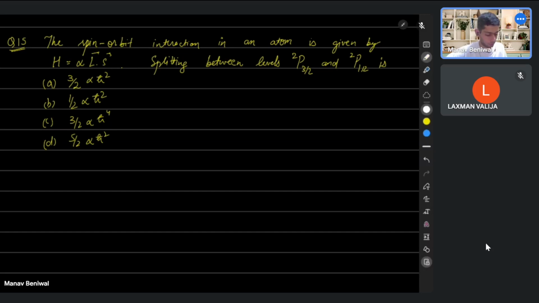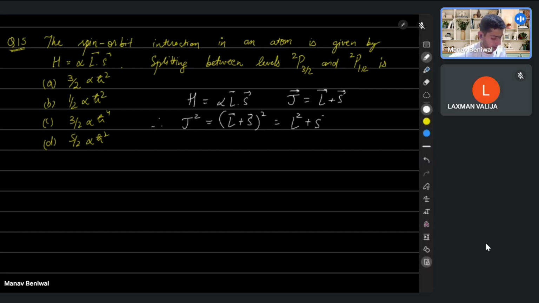We are given that the spin orbit interaction H is alpha times L dot s. Also, we know that our total angular momentum j is L plus s. Therefore, we can write j squared as L plus s squared, which gives L squared plus s squared plus 2 L dot s.